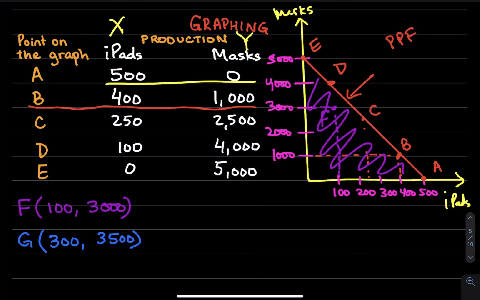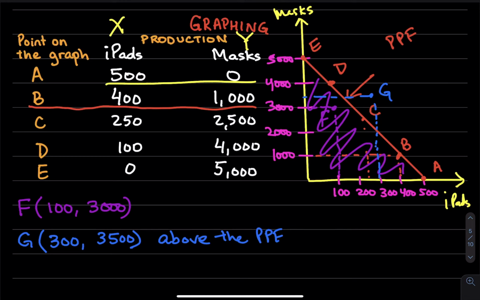But a point like G, let's use another color here, a point like G is 300, 3,500. So 300 and 3,500 would be somewhere here. And so a point like G is above the production possibilities frontier. This is above the PPF.